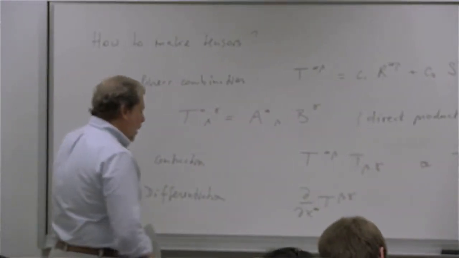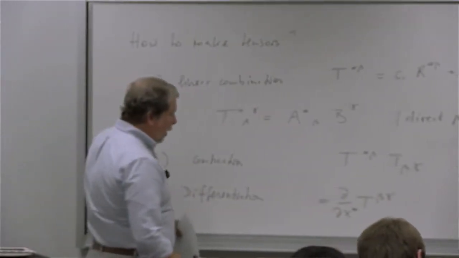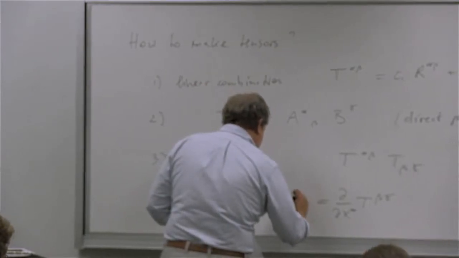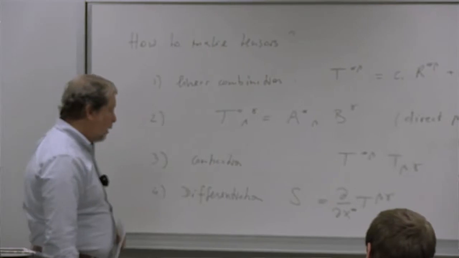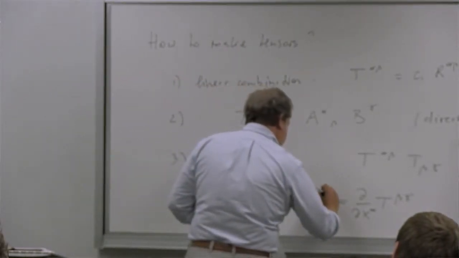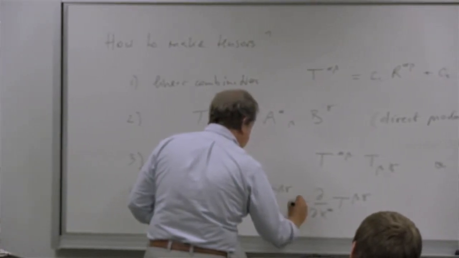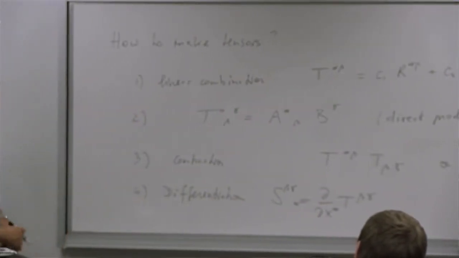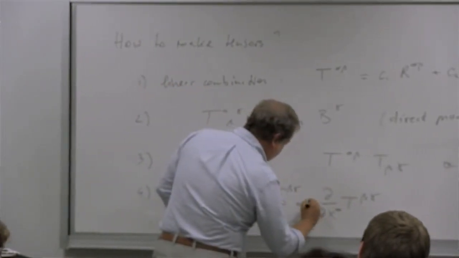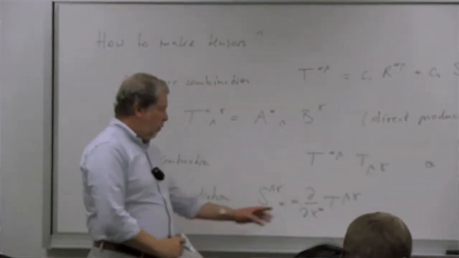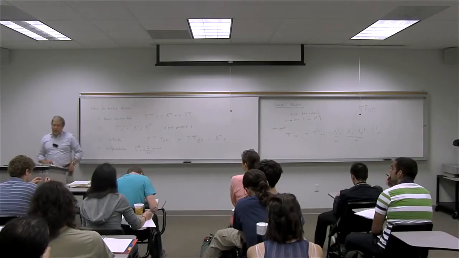And this will give us a new object, which we can either call by the same name, or it would perhaps be better to use a different name for it, which we call S, which has an index beta and an index gamma, which is upstairs, and an index alpha, which is downstairs. And so this will also be a tensor. It will be a tensor because we're assuming that this T is a tensor, and we know that the derivative is also a tensor.